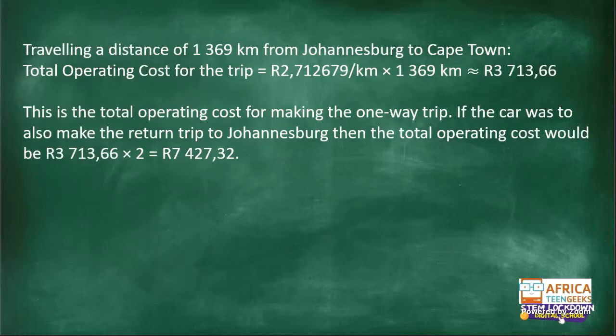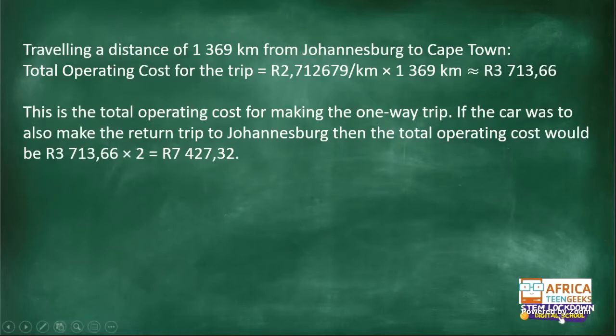Remember, 1,369 kilometers is just the distance from Johannesburg to Cape Town. We did not calculate the amount for coming back. So this is just a single trip. So in a single trip, that's how much you'll pay: 3,713 rands and 66 cents.